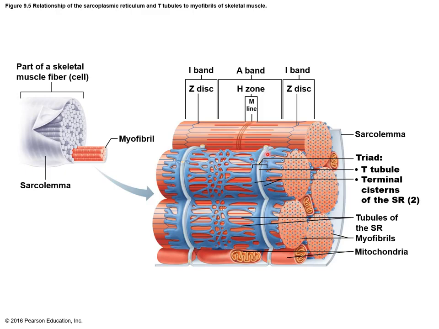It's going to cause a shape change and a charge change along the terminal cistern, which is storing the calcium. That change is going to cause the release of calcium. Now it's going to penetrate in here right along with the myofibril, where you've got the actin and the myosin, the thick and the thin bands.